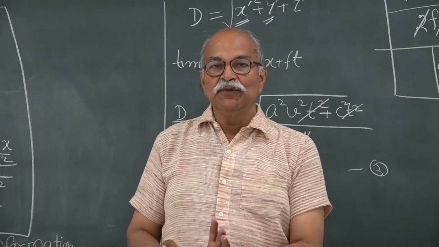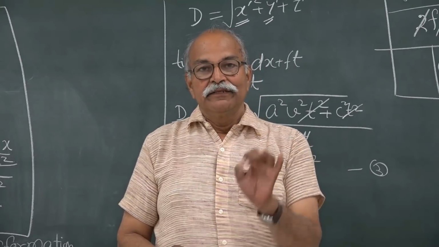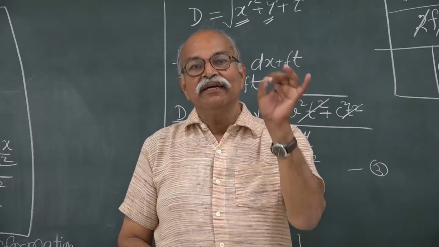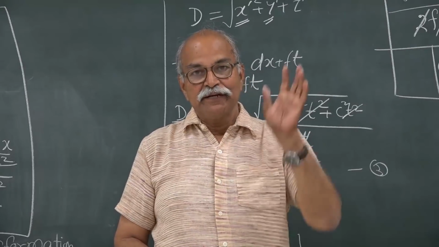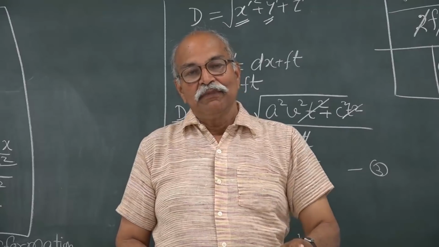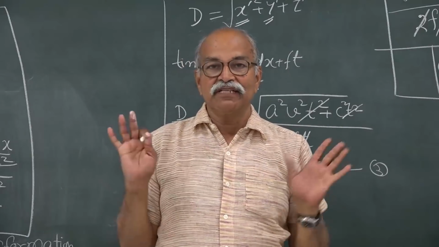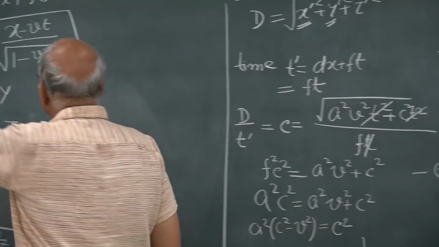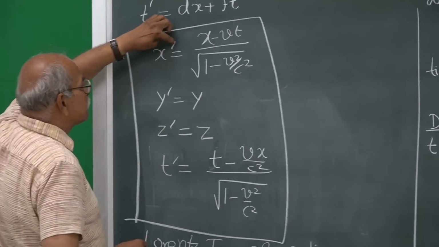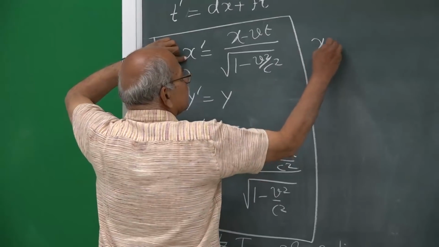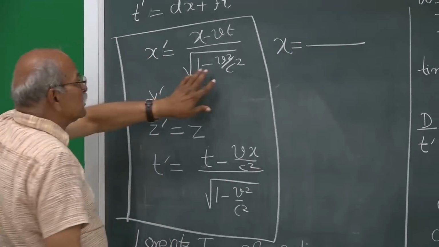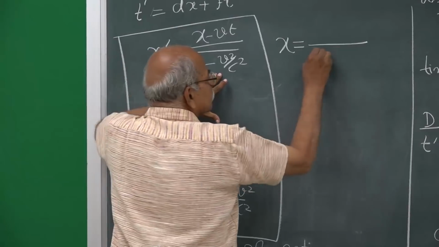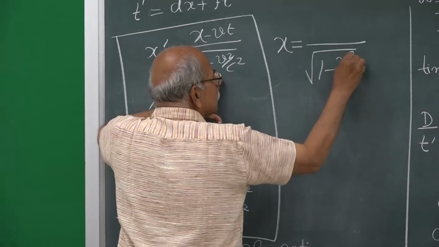So, all you have to do is replace v by minus v and primed things by unprimed things and vice versa, and finish. So the inverse transformation will be: x equals, the denominator remains the same, 1 minus v square by c square.